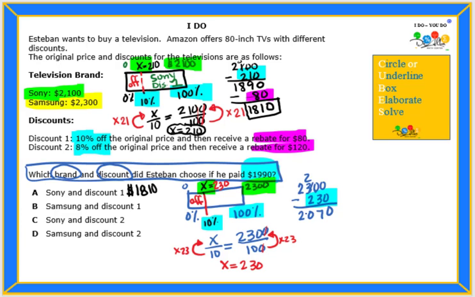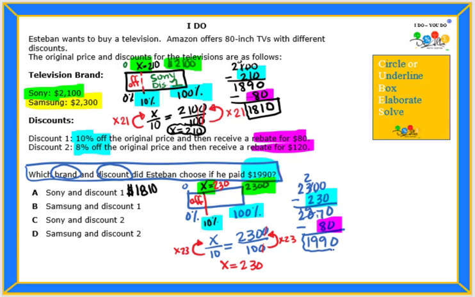So $2,070, but we still have that $80 rebate, same rebate, minus $80 rebate, and we subtract 0, 7 minus 8, we can't, we're going to have to regroup. 17 minus 8 is 9.